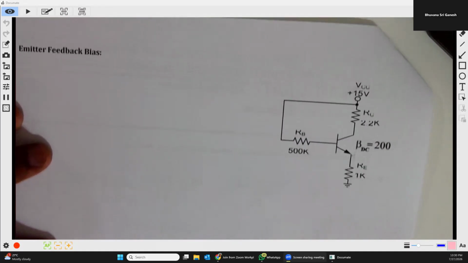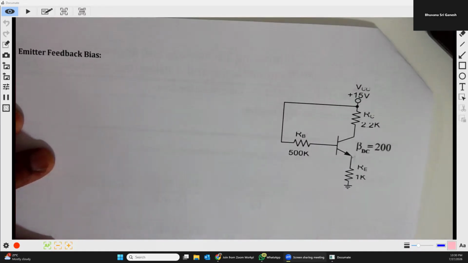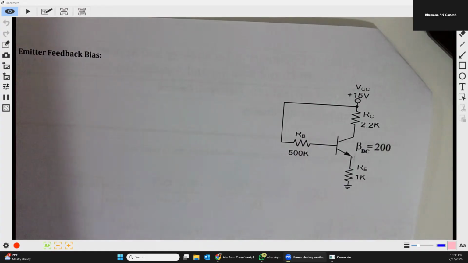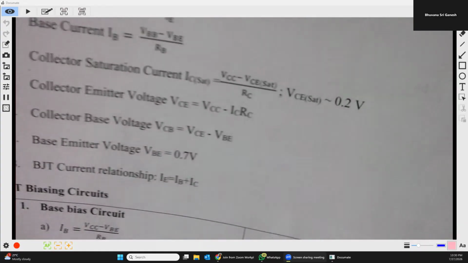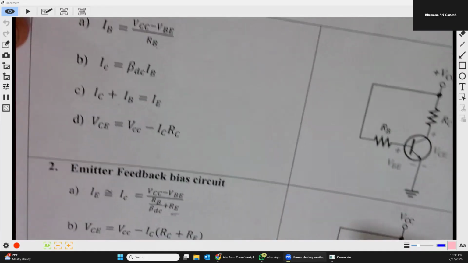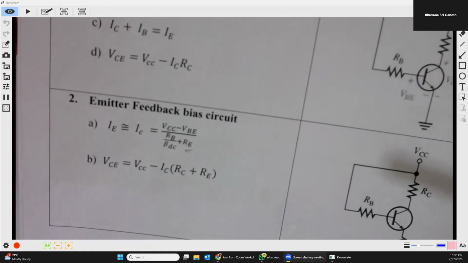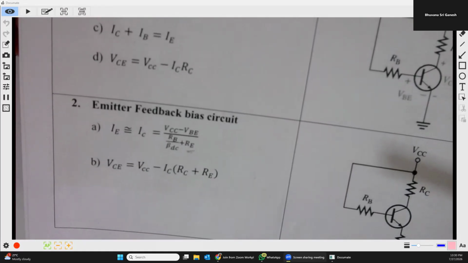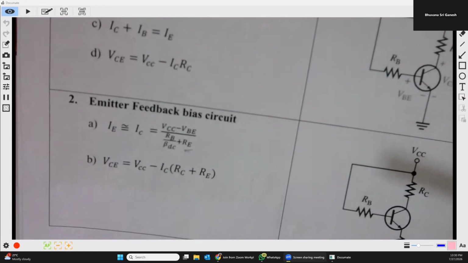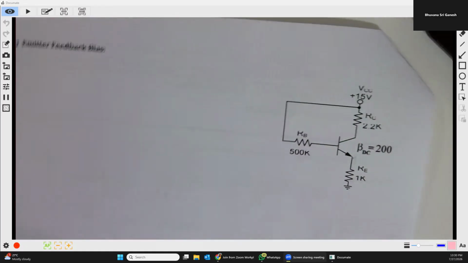Now for emitter feedback bias, we look at the formula sheet. IC is VCC minus VBE over RB over beta DC plus RE. The emitter resistance is in here.